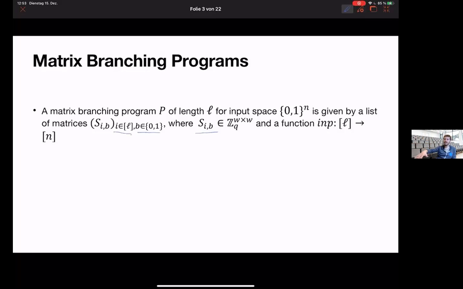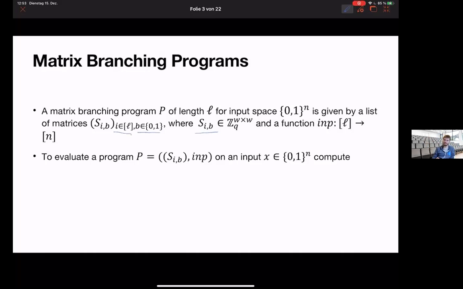Don't think of this function as doing any complex computation. Just think of it as a kind of wiring function, given as a function table, because it's really a small function. It has a small input set and a small output set, so there are not too many of these functions.